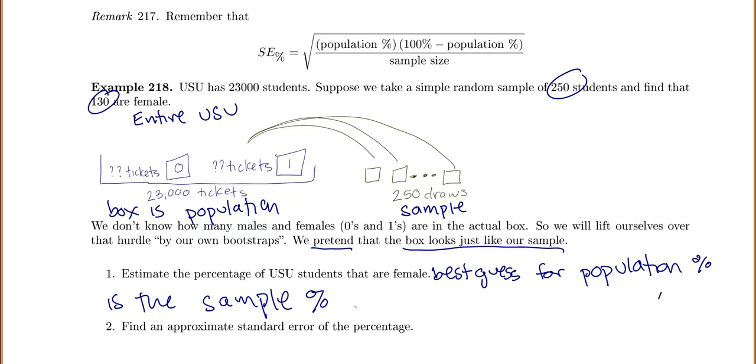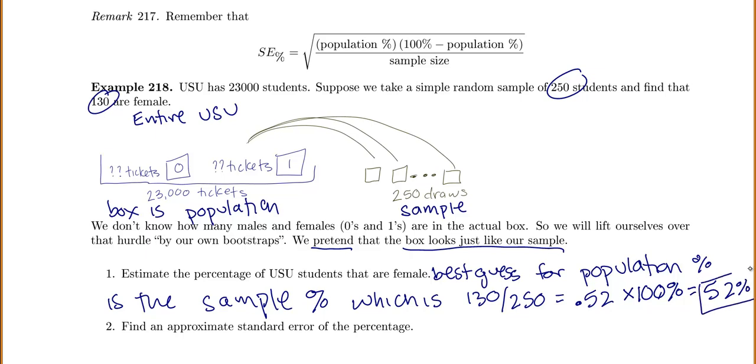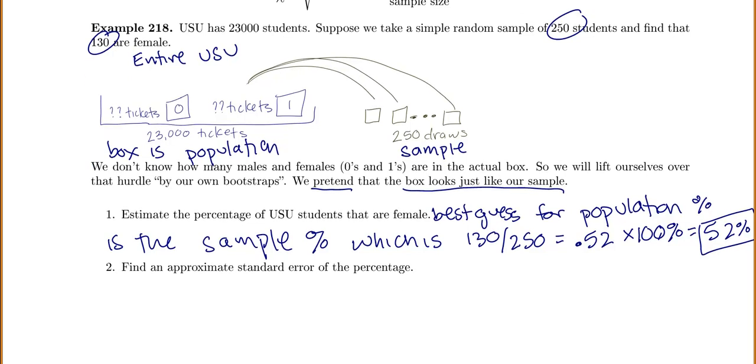That is 130 divided by 250, which gives me 0.52. And if I want it to be a percentage, you just multiply your decimal by 100%, so it gives me 52%. So my best estimate for the percentage of all USU students who are female is 52%. Once again, your best guess for your population percentage is the sample percentage.